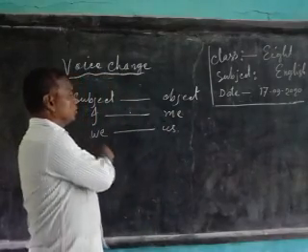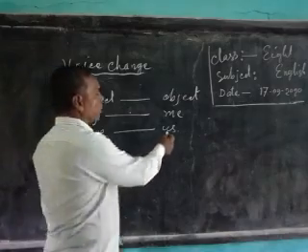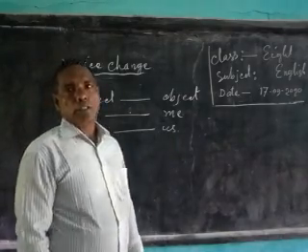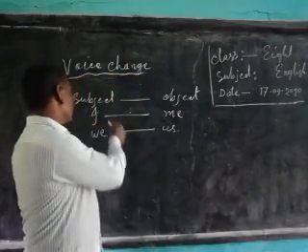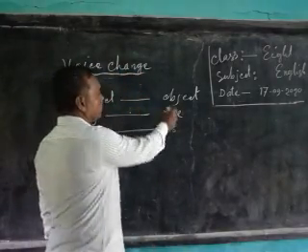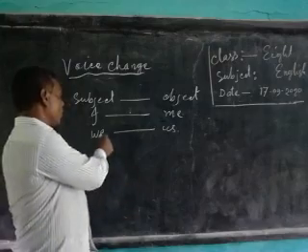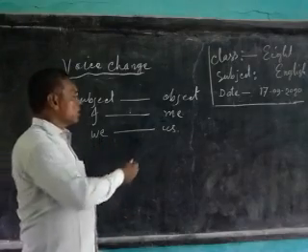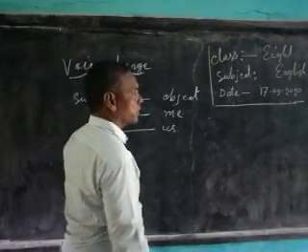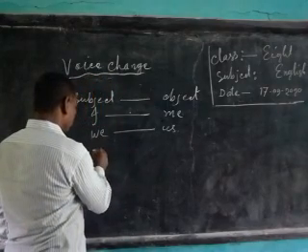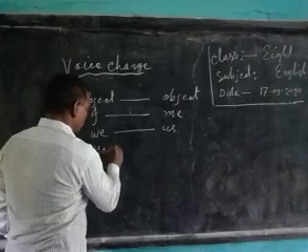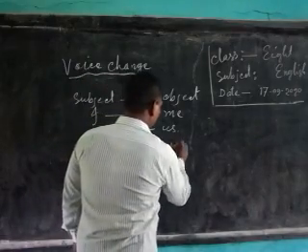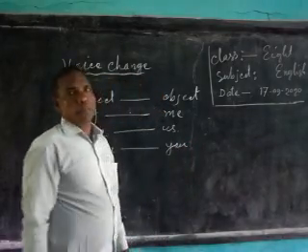Subjective form we and its objective form us. This is first person. First person singular number: I, objective form me. First person plural number: we, objective form us. Dear students, second person subjective form you, objective form you.